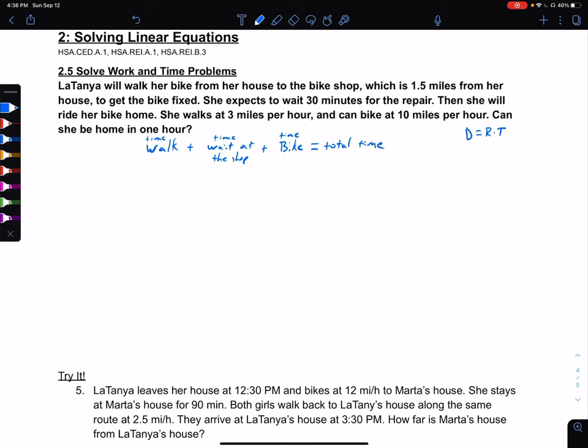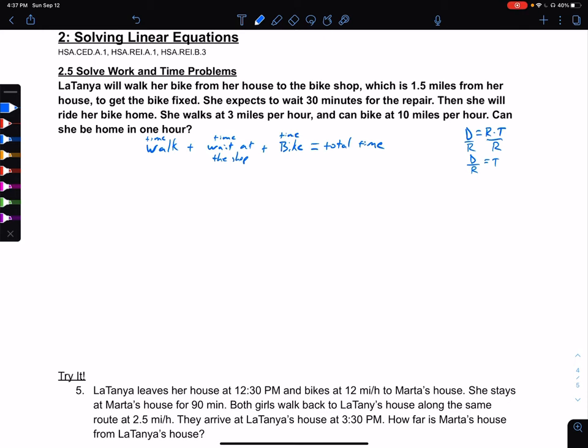So we want to know what time would be equal to, and to do that, we can divide both sides by the rate and learn that time is equal to the distance covered divided by the rate of travel. So that's going to make this a lot easier to set up because we want things in terms of time, not in terms of distance, not in terms of rate, when you figure out how much time passes for each section.